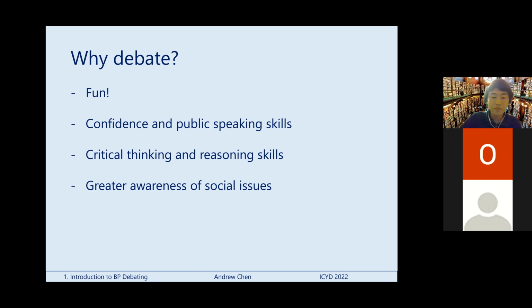And I think the other thing about debating is it makes you a lot more aware of the world around you. It gives you a greater awareness of social issues. Quite often you'll come across topics that you might have never thought about before, and that's really going to help you learn a bit more about them in a really cool and interesting way.